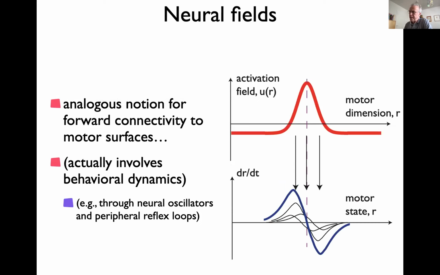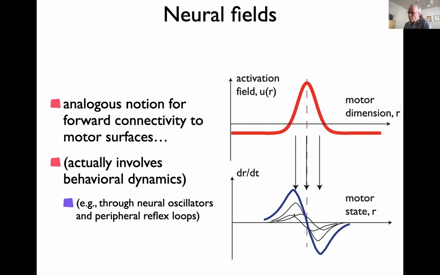The same is true for the output. Roughly speaking, for the output you have some field of activation somewhere, and there is some connectivity pattern that ultimately leads to some motor surface. Motor surfaces in humans would ultimately be ensembles of muscles that drive joints and lead to some motor pattern.